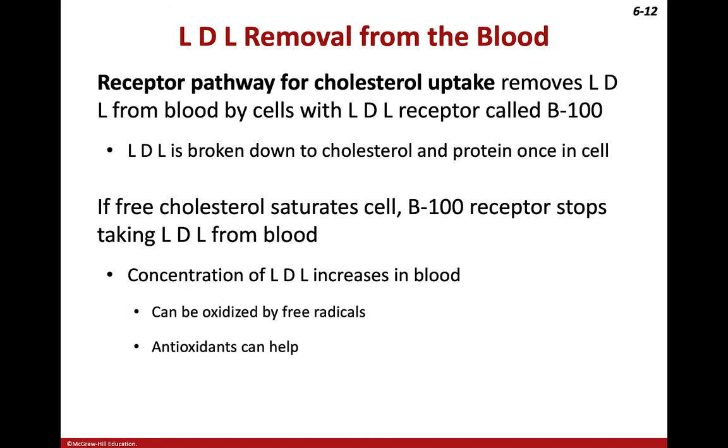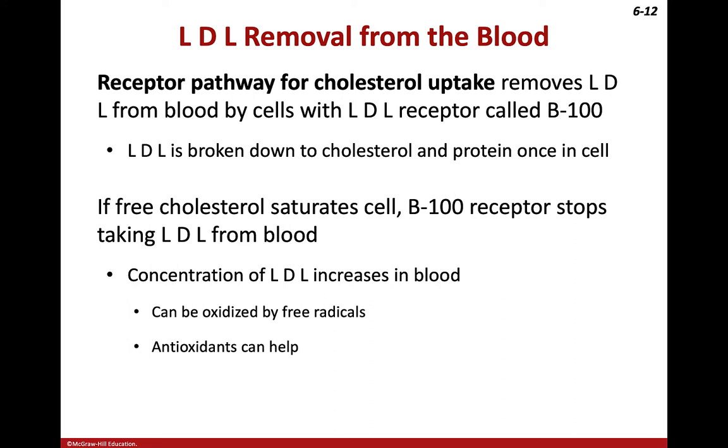Now, one thing I want us to keep in mind here is that there will be questions about these receptors and so on. The receptor pathway for cholesterol uptake basically removes LDL from blood by cells with LDL receptors that are called B100. Now, the LDL is broken down to cholesterol and protein once in the cell.